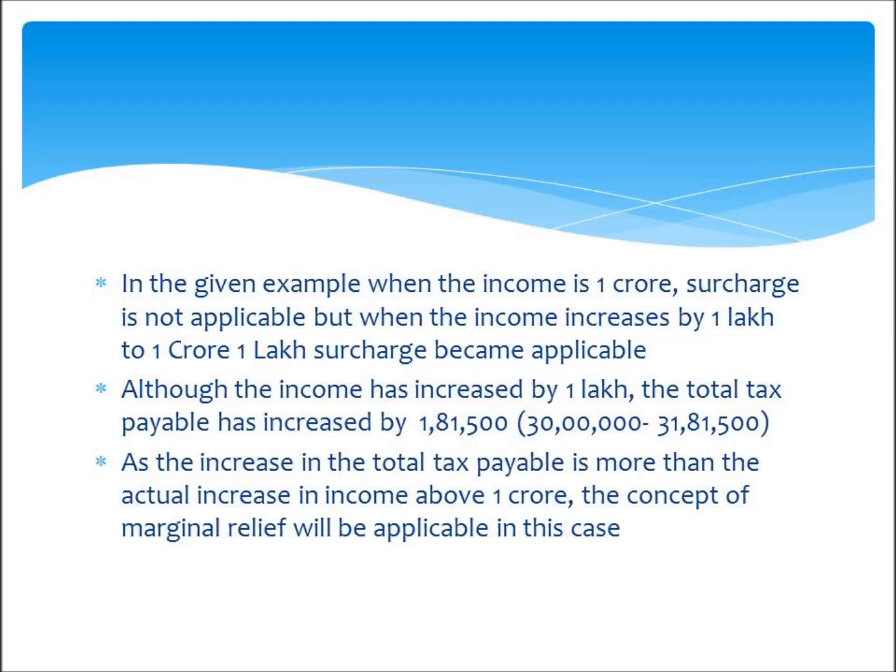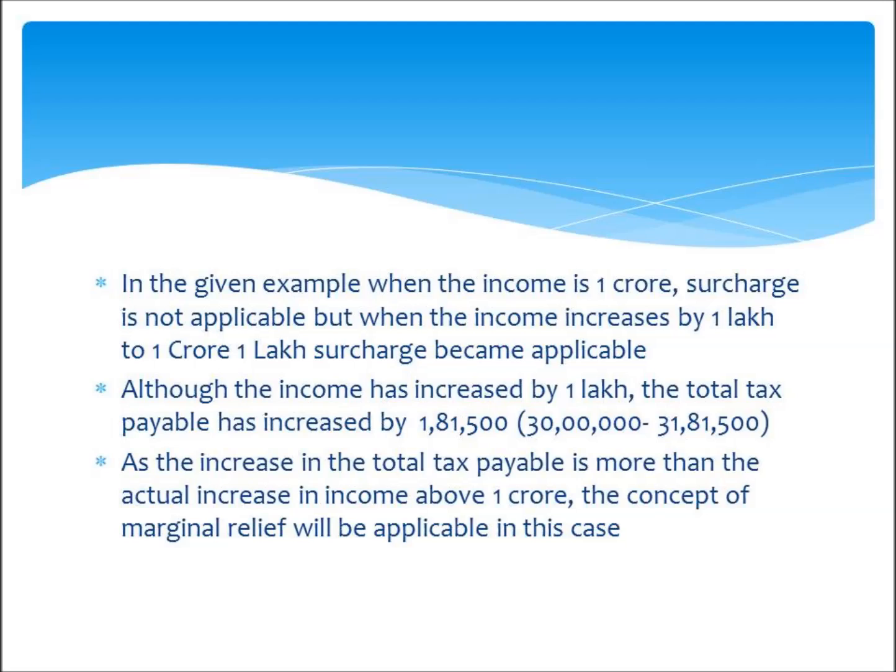The increase in income over and above 1 crore is less than the total tax payable including surcharge. So if this is the case, the concept of marginal relief will come into play, and the total tax payable including surcharge will be determined after deducting the marginal relief from the total tax payable.